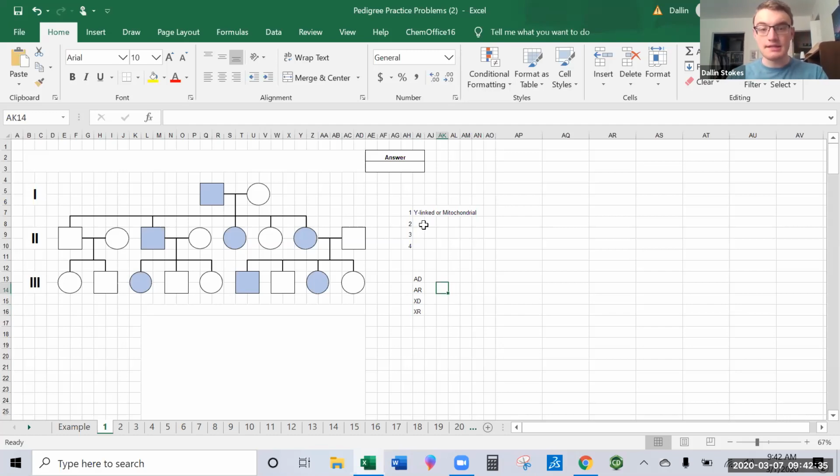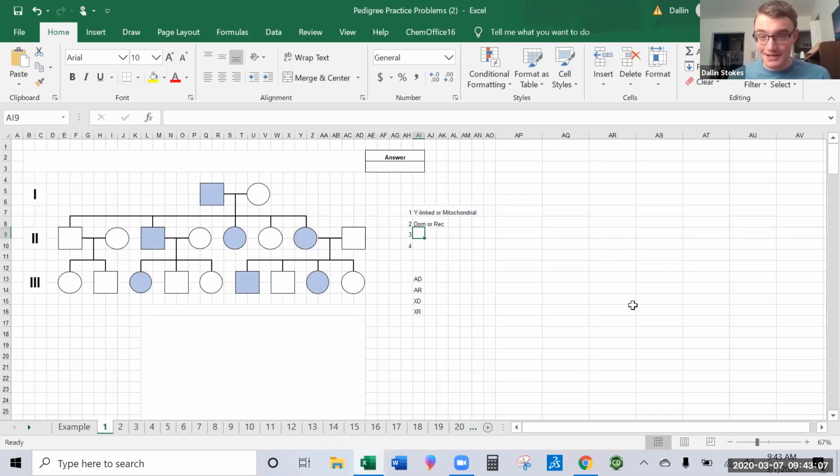Step 2 is determine if it's dominant or recessive. And the little rule of thumb for this, again, it doesn't always work. Sometimes recessive ones look like dominant ones, and I'll try to help you figure out or catch those ones when they do come. But for dominant or recessive, the rule of thumb there is that if it is in every generation, then it's dominant.